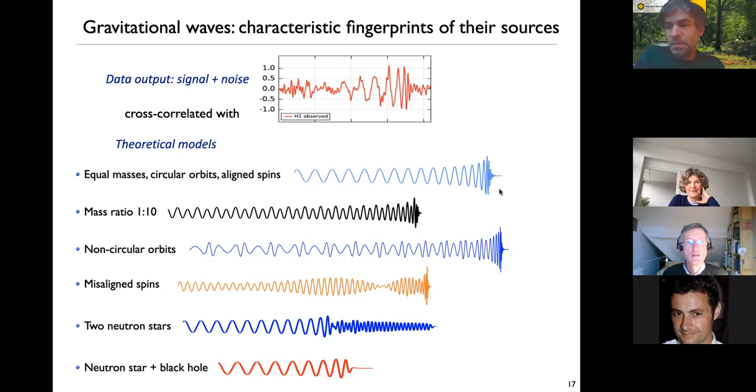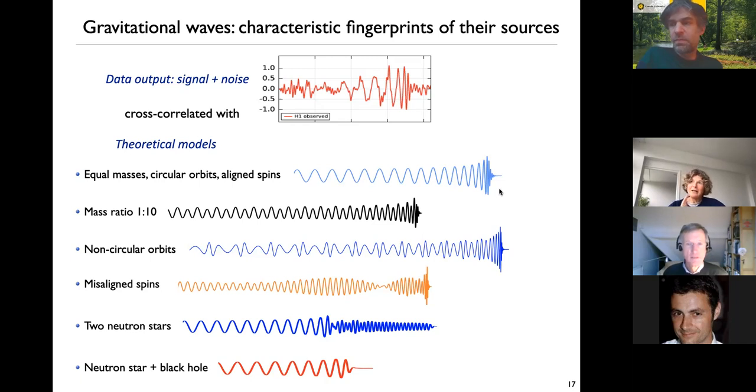Yes. It's true that the LIGO detectors have some noise that, despite the best efforts on the experimental side, cannot be mitigated any further.